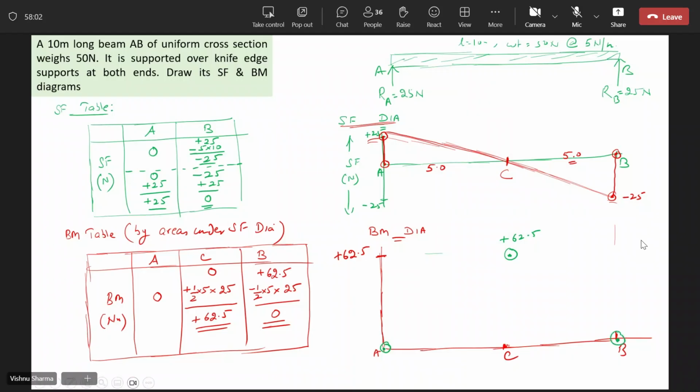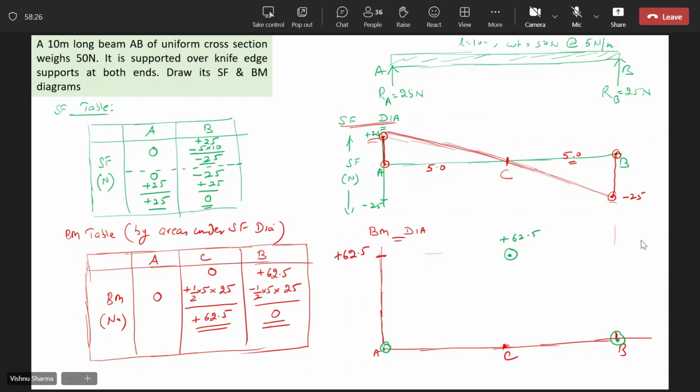Now, I have to join A with the value at C. Look at the SF diagram and tell me, is the area of the triangle, or plus triangle, changing at the same rate from A to C, or is it not changing at the same rate, class? Not changing, sir. Very good. It is not changing.